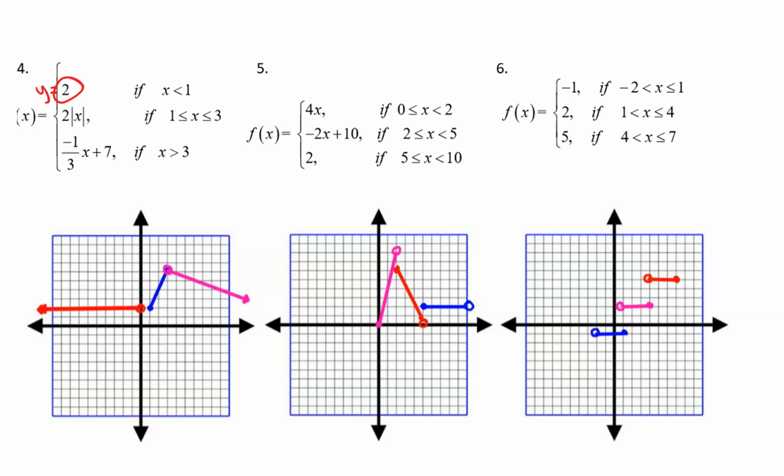So this is a horizontal line, that red horizontal line right there. Same thing on number 5. We have just y equals 2. That's just a horizontal line. That's this blue horizontal line here. These are all just horizontal lines. A horizontal line at y equals -1, y equals 2, and y equals 5.